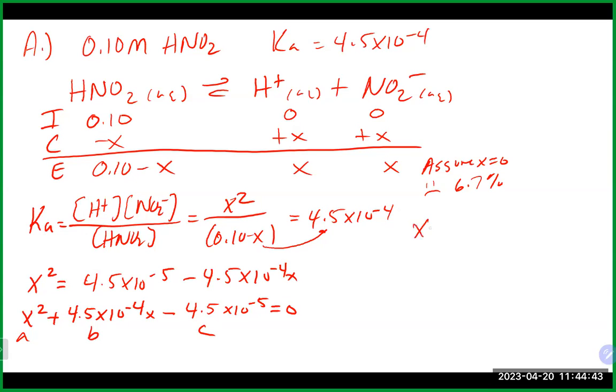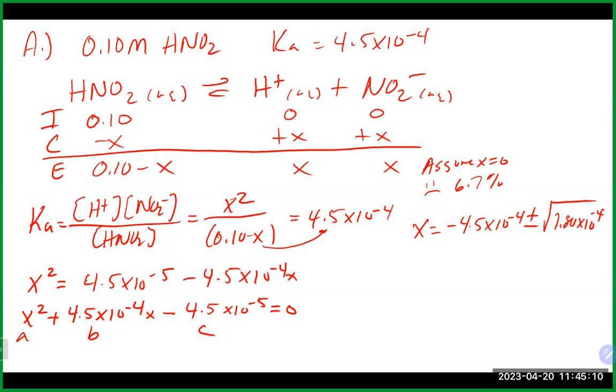Putting that in there, going to give us negative B, which would be negative 4.5 times 10 to the minus 4, plus or minus the square root part, which is B squared minus 4 times A times C. Going to give us like 1.8 times 10 to the minus 4.